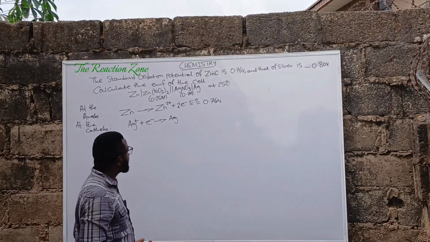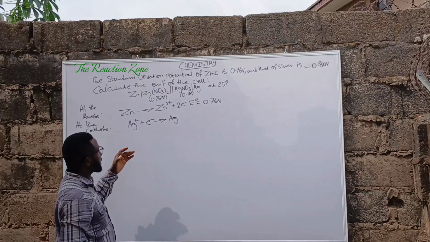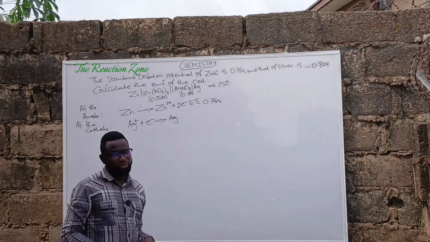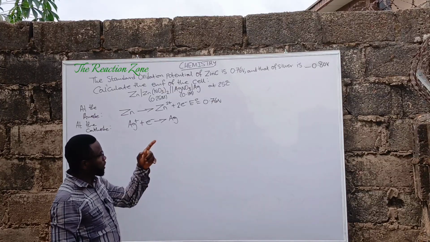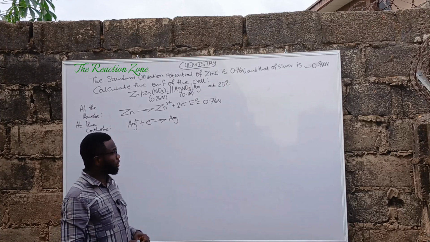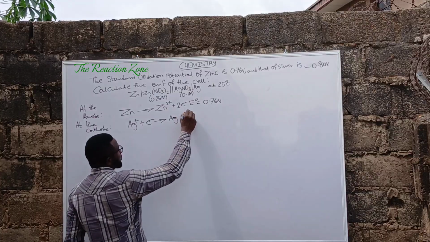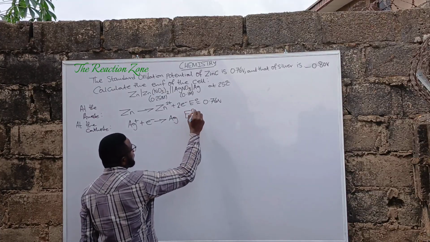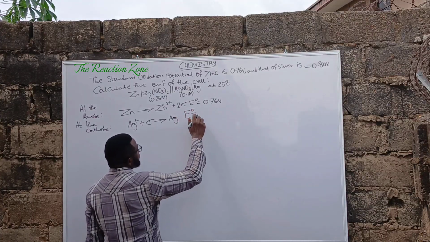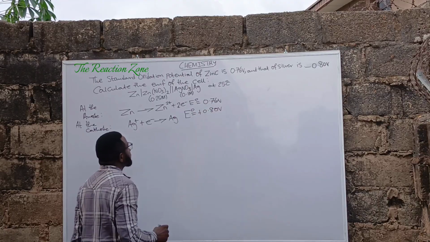But what takes place in the silver half cell, which is at the cathode, is reduction. So to convert that oxidation potential to reduction potential, we simply change the sign. So it's no longer going to be minus 0.80 volts. It will become plus. So the reduction potential for the silver half cell is going to become plus 0.80 volts.